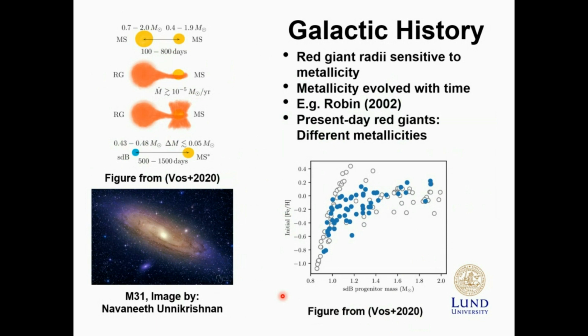Anyways, distraction. So we see this subdwarf B binary formation and the image of the galaxy, and the point is very simple: subdwarf B stars actually live in the galaxy, and there might be some connection in there.